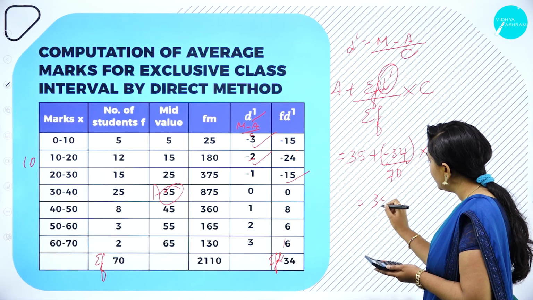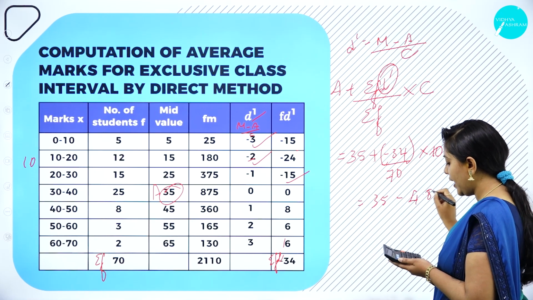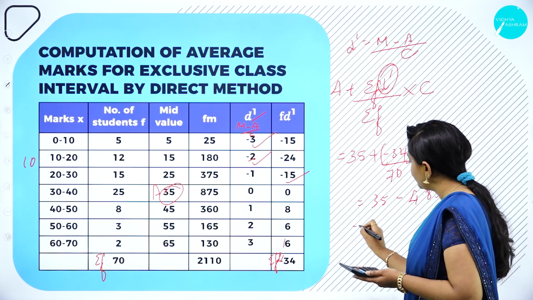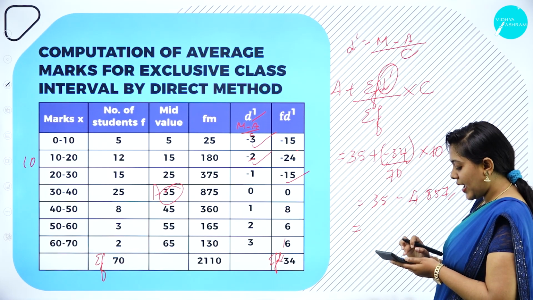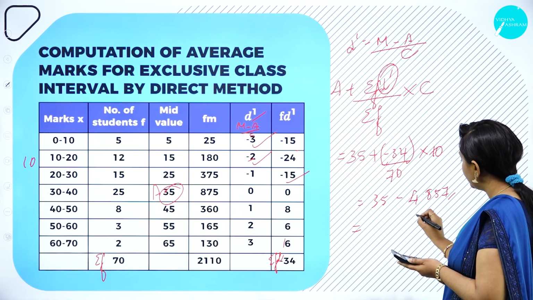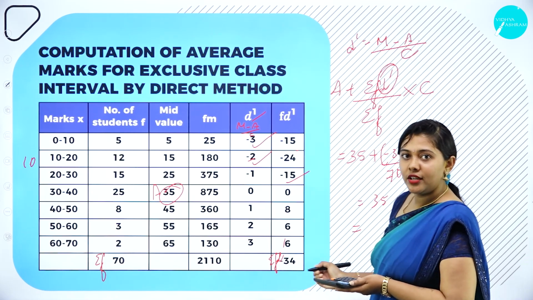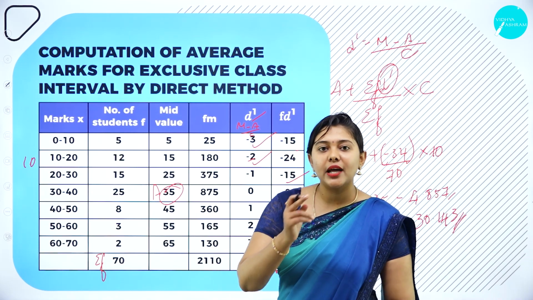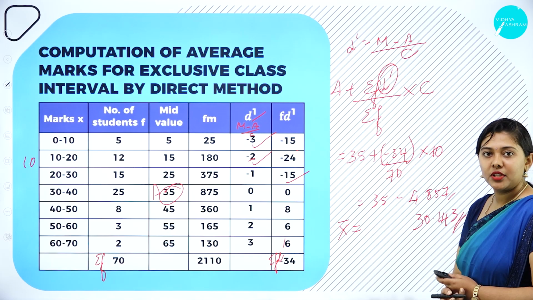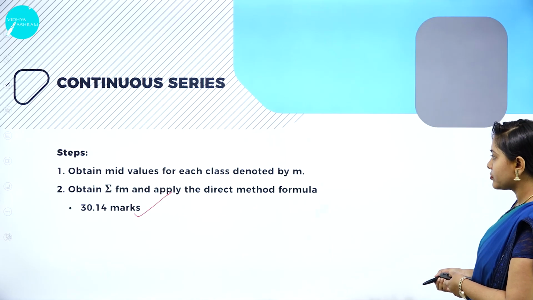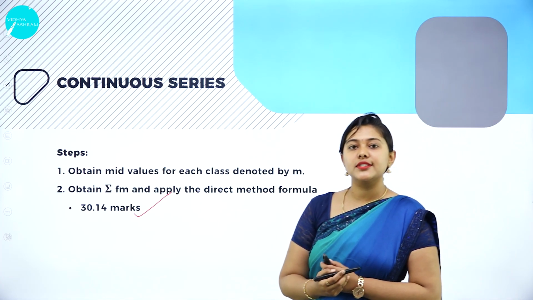So 35 plus minus 4.857, that is 35 minus 4.857, and the value will be around 30.143. So this is what we got by the direct method. By the step deviation method also we have got a similar answer. What is the mean by using the step deviation method? Again it is 30.14. The only difference is the midpoint.